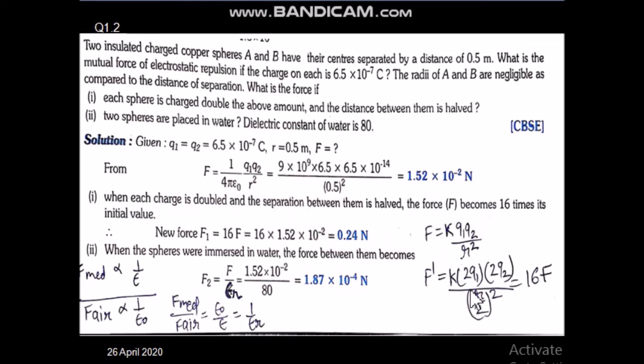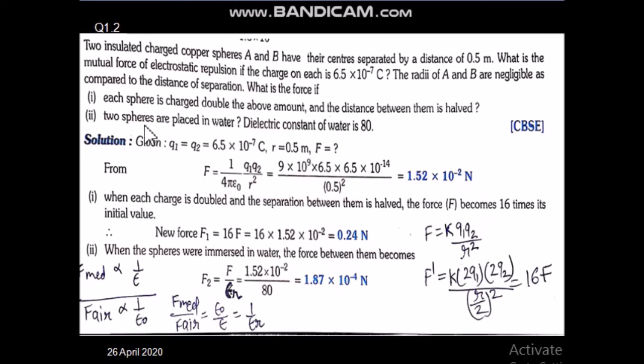Simply, if charge is doubled, 2q1 2q2, and distance is halved, then if we take all these multiples, it will give us a factor of 16 times the old force. So old force value into 16 gives the new force value.